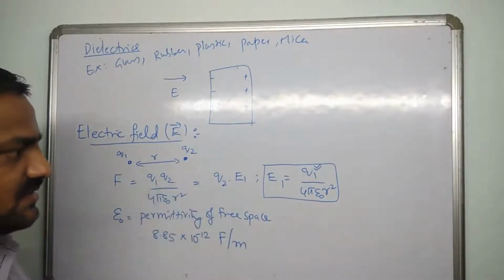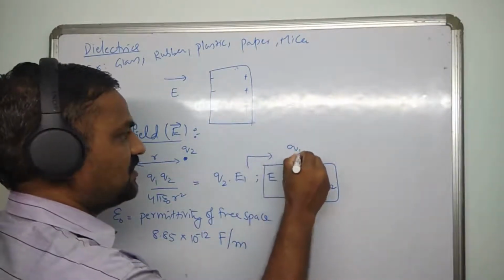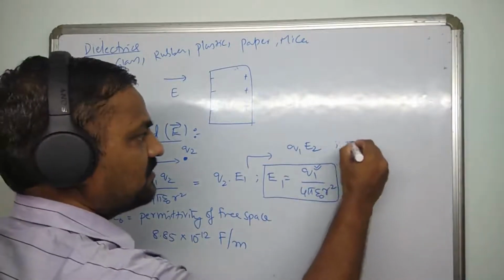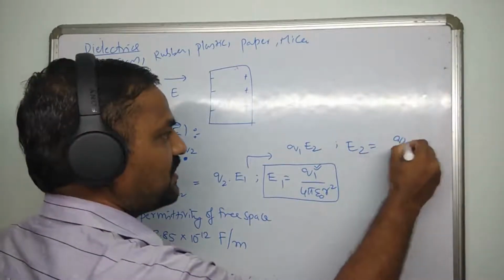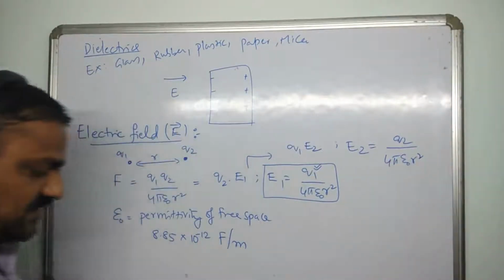You can equally write this in another way by saying this as Q1 times E2 with E2 given as Q2 by 4 pi epsilon 0 r square. So it is symmetric.